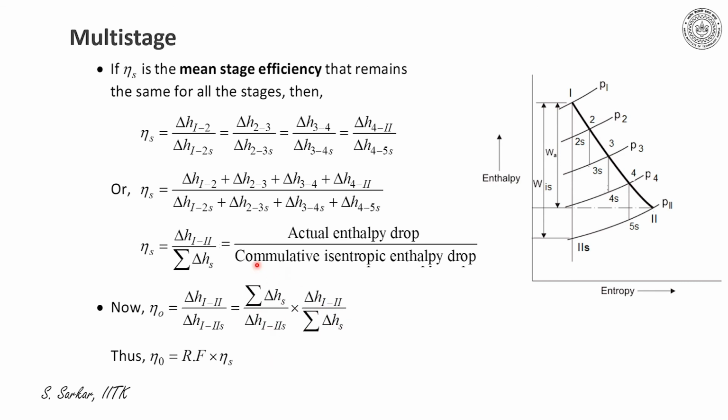Some manipulation I did. If you do that, this is nothing but reheat factor and this is stage efficiency. Thus, I can easily prove that overall efficiency is equal to reheat factor into stage efficiency.